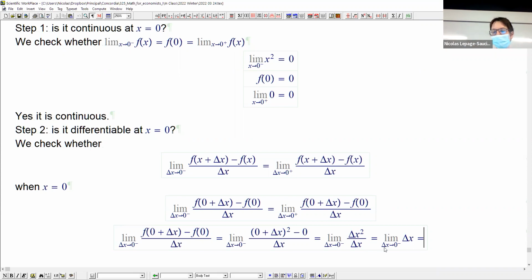The limit when delta x goes to 0 of delta x is... have I lost most of you now?